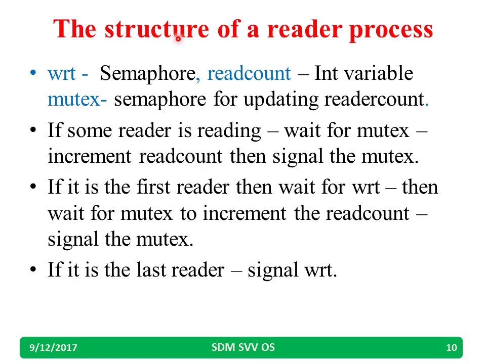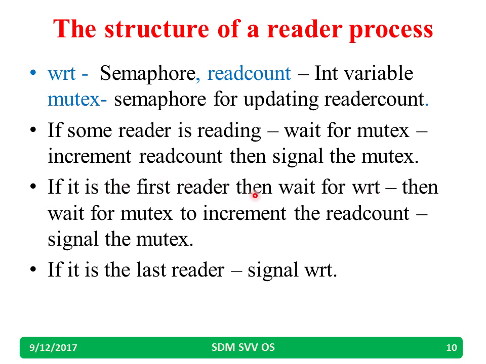The structure of the reader process uses the WRT semaphore, the read count integer variable, and the mutex semaphore for updating the read count. Try to understand these lines. When a reader arrives, wait for the mutex, then increment the read count, then signal the mutex, because read count is shared among many readers. If it is the first reader, then wait for the WRT semaphore. Why?